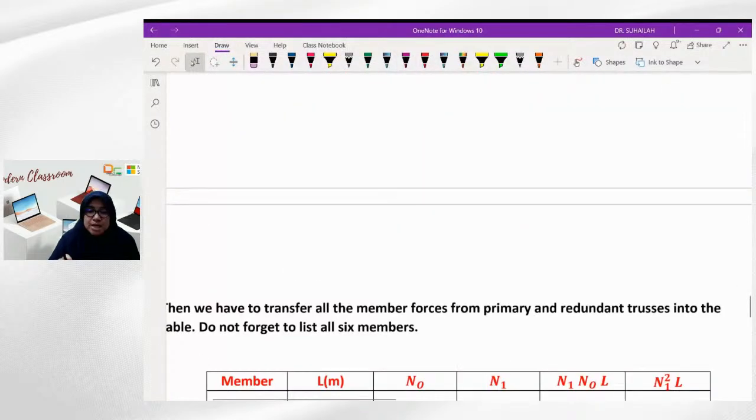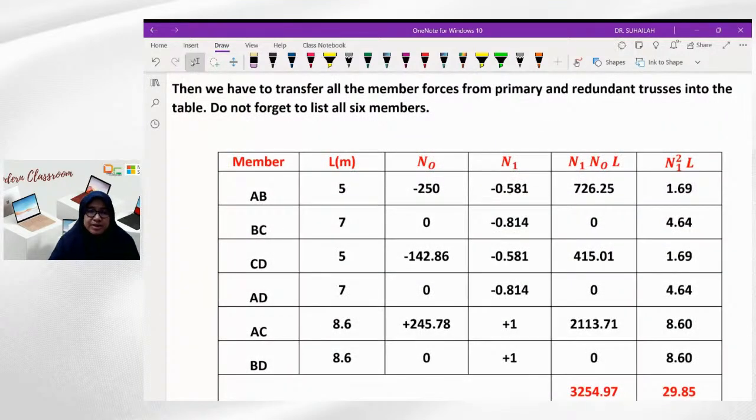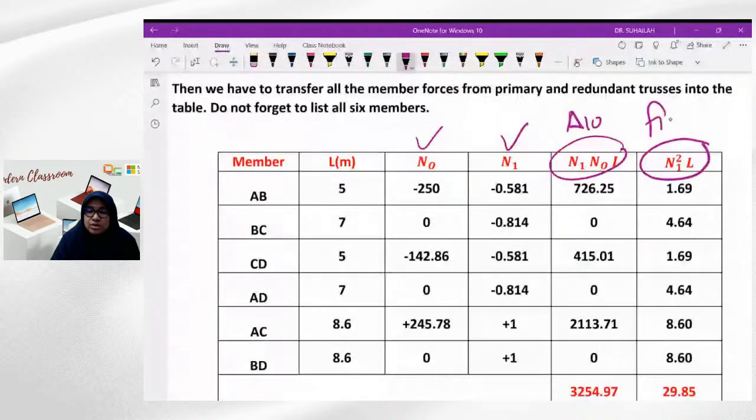From this we know this one is the horizontal value, this one is the vertical value, so we put the horizontal value here and the vertical value. All these member forces we put into the table.